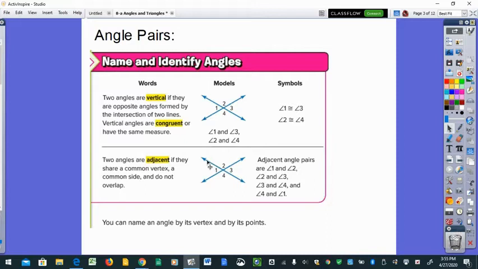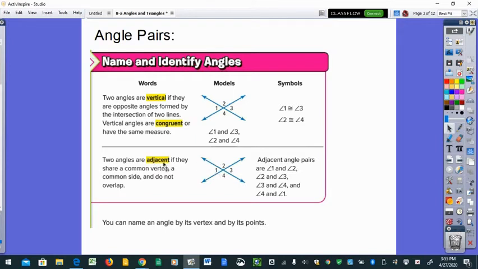Like between my house and my neighbors, we have a fence. And on the other side, we have a wall. So those two angles, if they're next to each other, they're neighbors, they're called adjacent. Now notice that angle 1 and angle 3 are not adjacent. They don't share a property line, a wall or a fence. They're across the street from each other. Those are vertical.